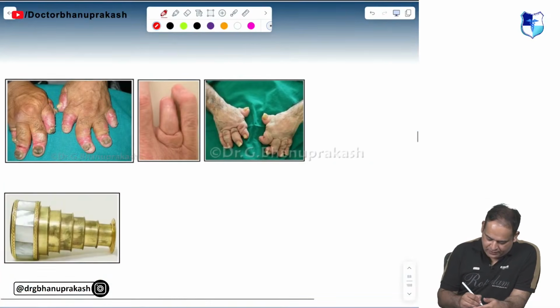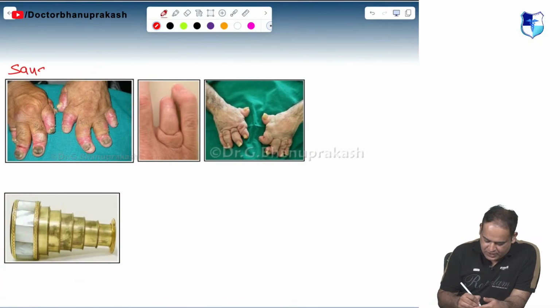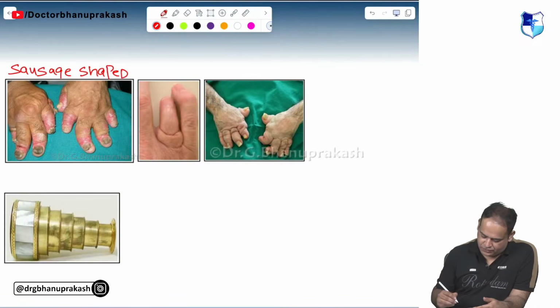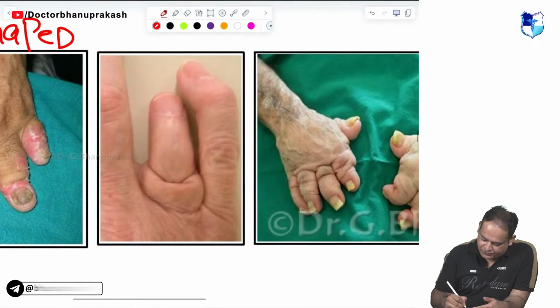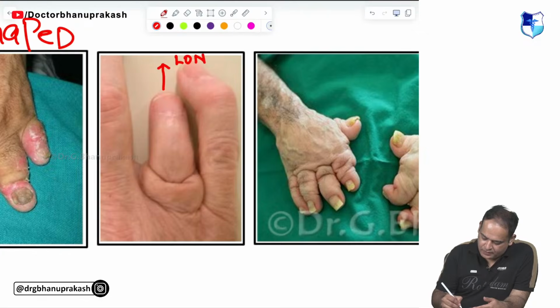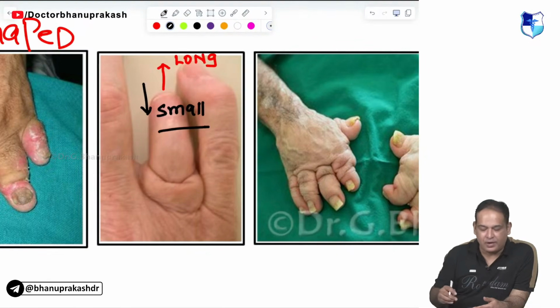See, now here, what do you get to see? These are sausage shaped digits, sausage shaped fingers. Now, if you pull this finger out, it will become long. If you release, it will become small.